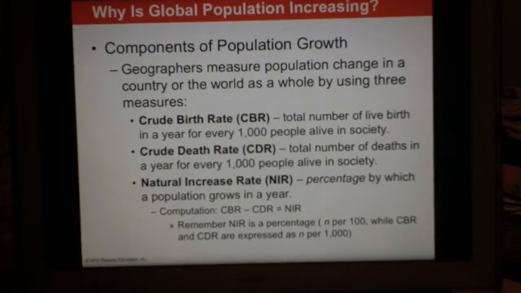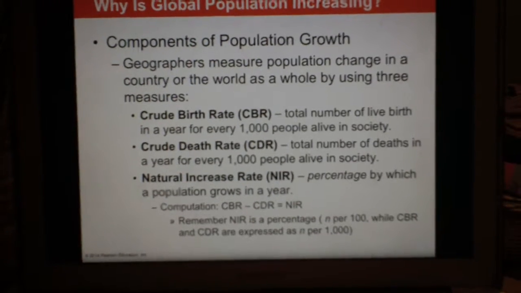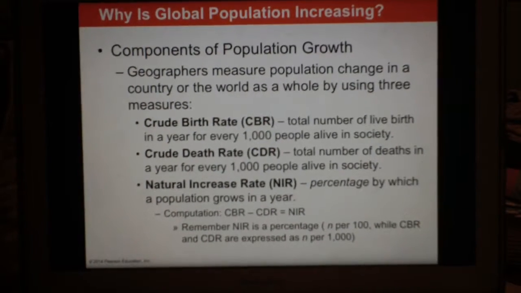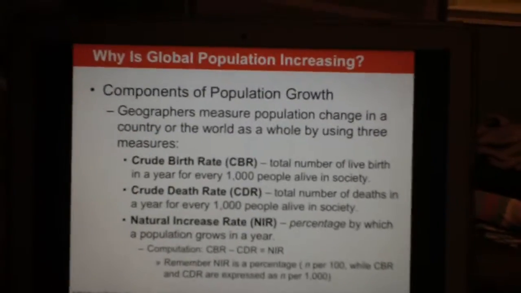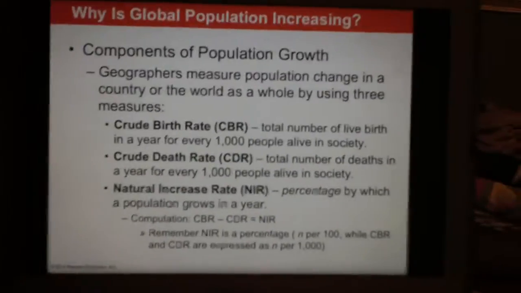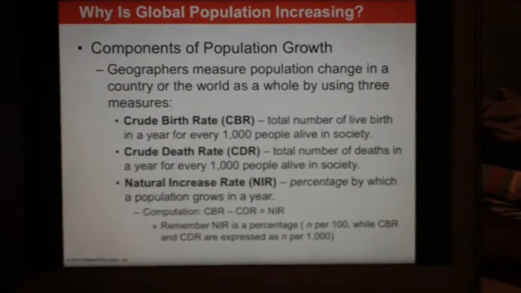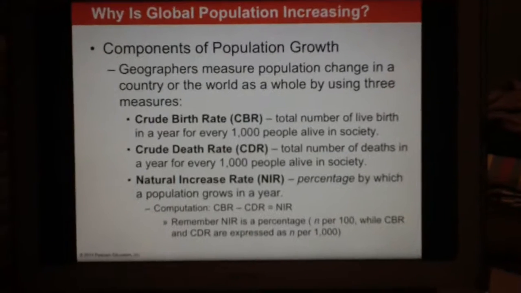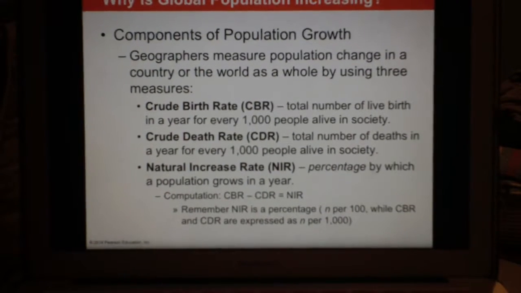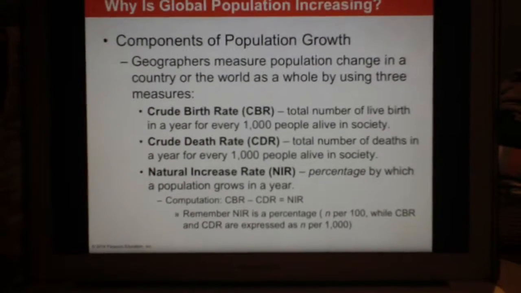Conversely, the crude death rate is the total number of deaths in a year for every 1,000 people alive in society.